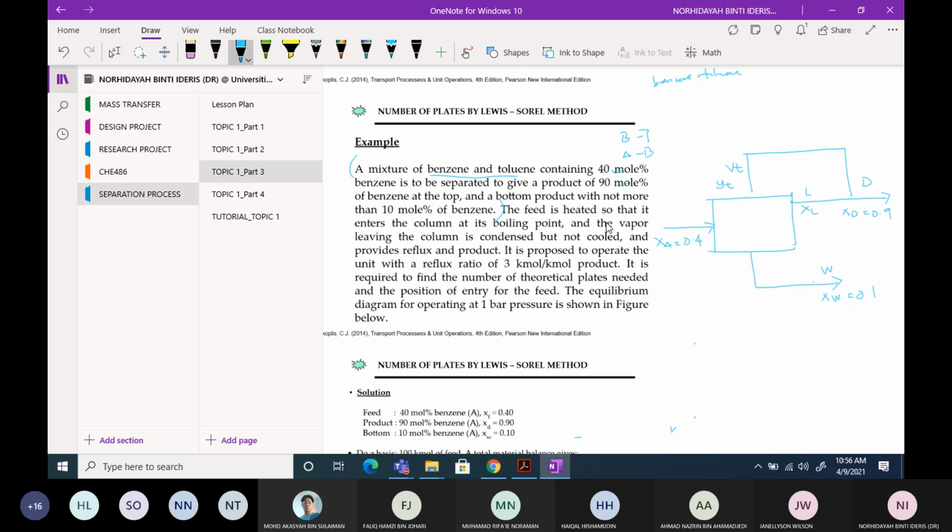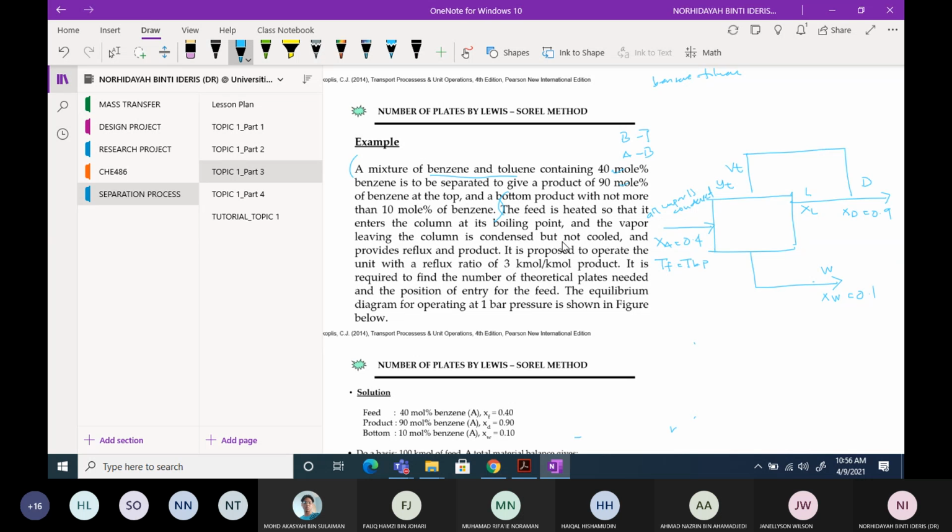The feed is heated so that it enters the column at its boiling point. Okay, boiling point. And the vapor leaving the column is condensed. So all vapor is condensed. And you know that T feed is equal to T boiling point. Okay, so no need for you to find the T boiling point.